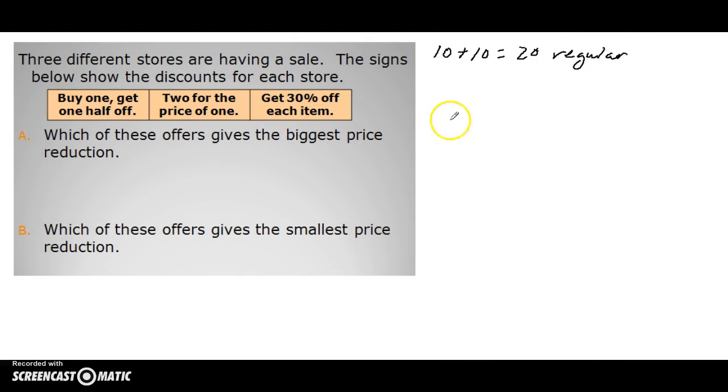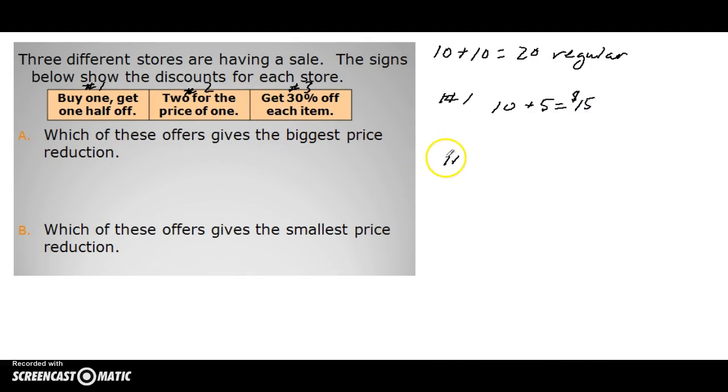We'll call these number 1, number 2, and number 3. On number 1, buy one for regular price, get half off the other one. Since it's only 10, we know half of 10 is 5. So this equals $15.